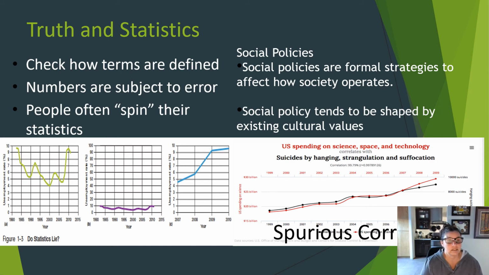Another one is how the terms are defined. And so we have the same piece of data here, if you want to look at it. You can spin statistics this way if you understand how statistics work, and you can also tell when people are faking a statistic if you understand how they work. So here's data on unemployment rates by year.